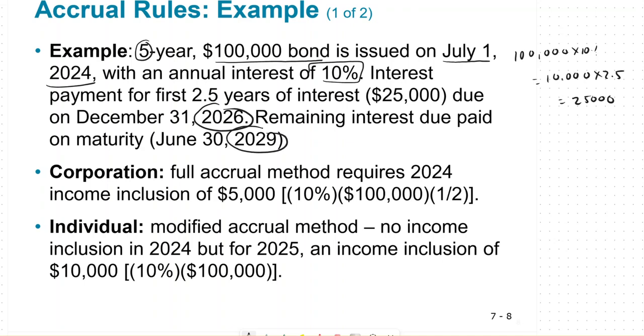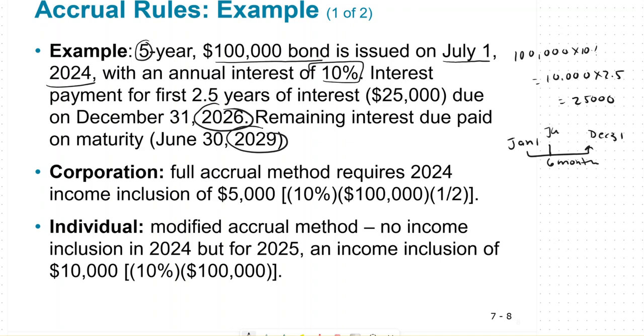When we think of an accrual, when do we do it? We issued this bond on July 1st. My calendar year ends on December 31st, and this is 6 months. We don't care when the money is going to be paid; we need to know how many months have gone by.